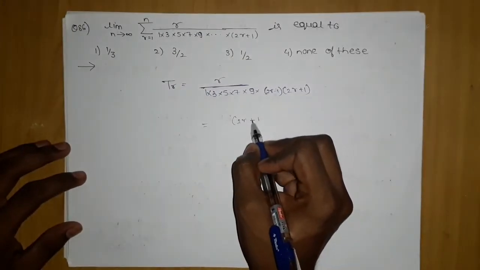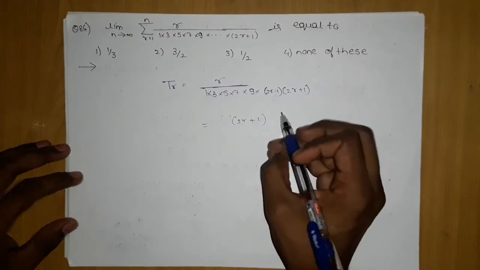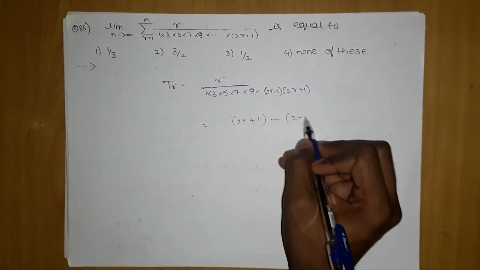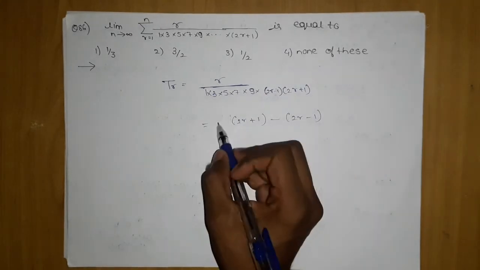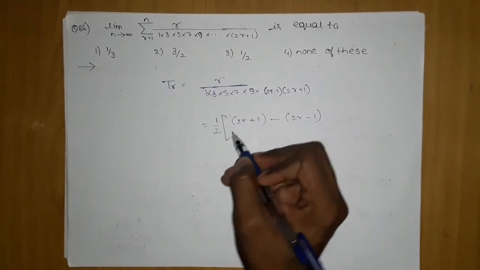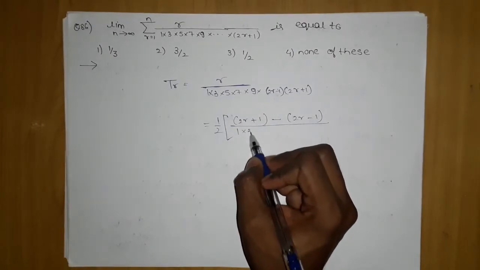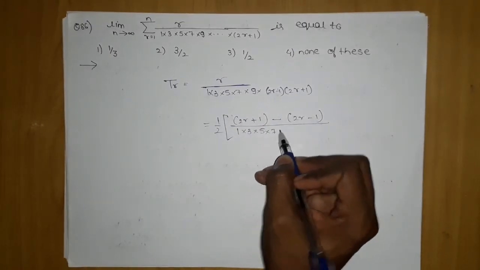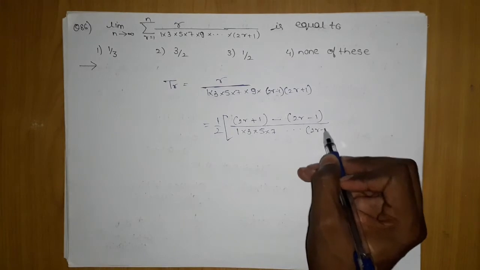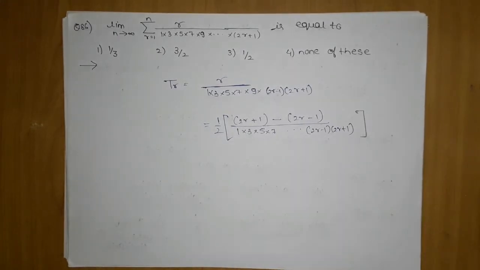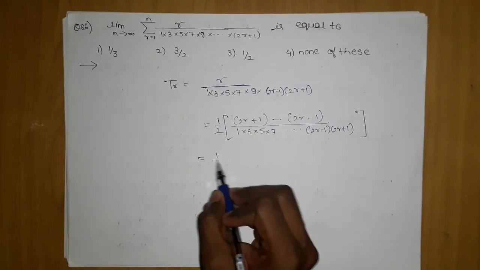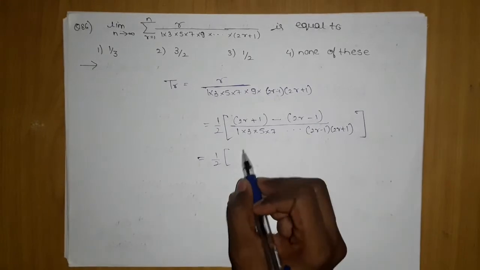So I will do 2r minus 1, 2r plus 1, then 2r plus 1 minus 2r minus 1. We will divide by 2 also. And this is nothing but 1 into 3 into 5 into 7 and so on, 2r minus 1 into 2r plus 1. After doing this, we will try to separate the things, it will break up.